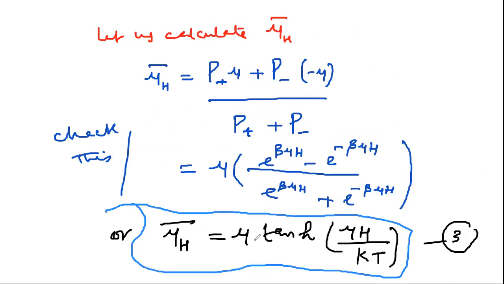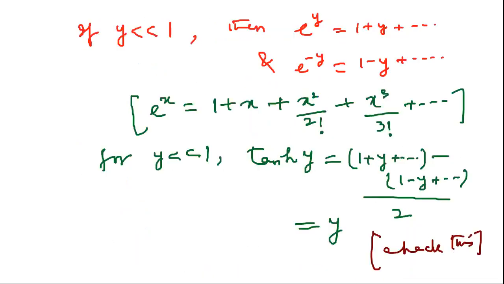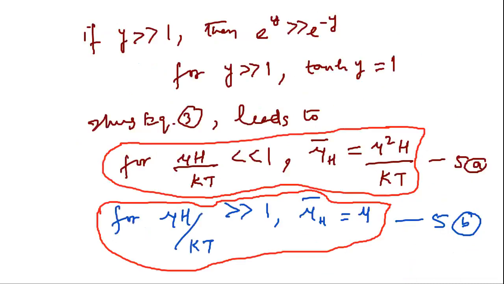You will check this at home. We have put restriction on tanh of this thing, which we represented by y, for y much less than 1 and y much greater than 1. So check it out.